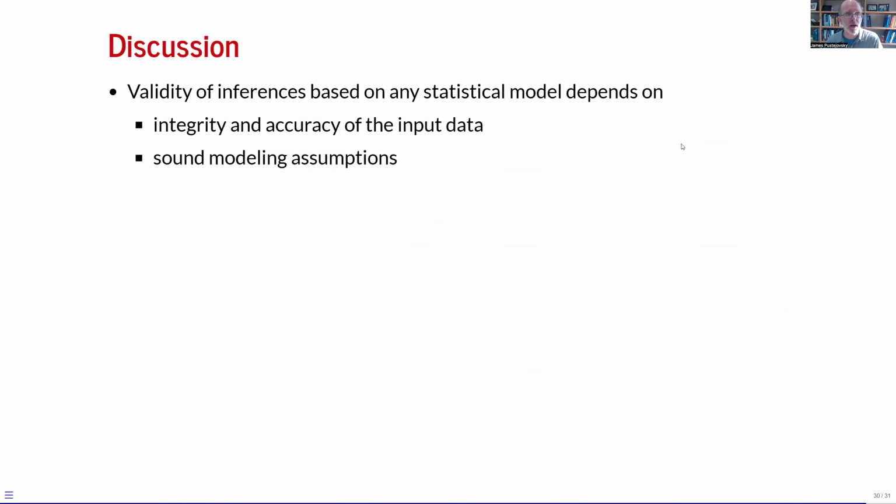So let me wrap up. The big picture here is that, even outside of meta-analysis, for any statistical analysis that we do, the validity of the conclusions that we draw, the inferences that we make on the basis of a statistical model, depend first on having accurate input data, and second on having sound modeling assumptions.